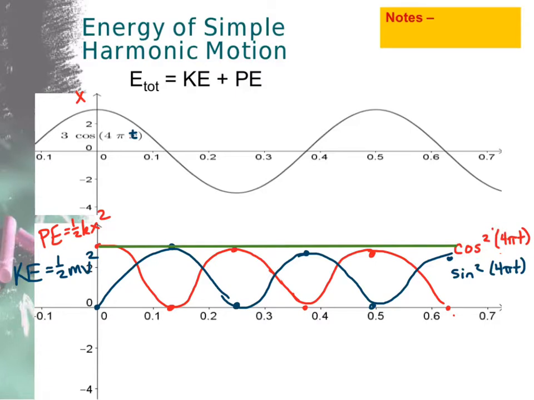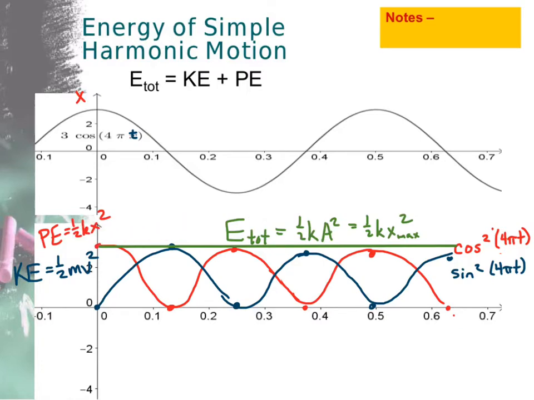So this E total, when I add kinetic plus potential, is equal to 1/2 times K times the amplitude squared. Or you can say it's equal to 1/2 times K times the maximum displacement of our mass away from its equilibrium point. And that is constant with respect to time. That doesn't change. It doesn't go up or down.